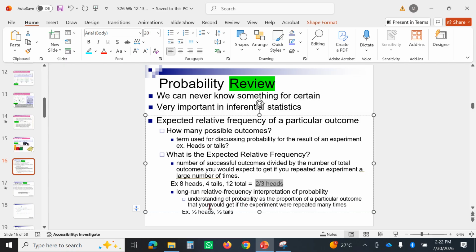Long run relative frequency interpretation of probability: understanding probability as the proportion of a particular outcome that you would get if the experiment were repeated many times. In this case, think of the law of large numbers. I flip a coin, 50% heads, 50% tails. That's what you should expect to see.